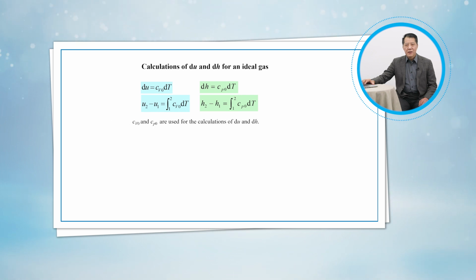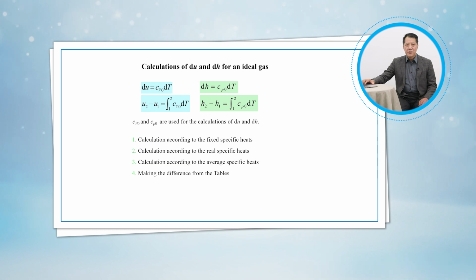To carry out these integrations, we need to have relations for Cv0 and Cp0 as functions of temperature. 4 ways to get the answers to the above differences.